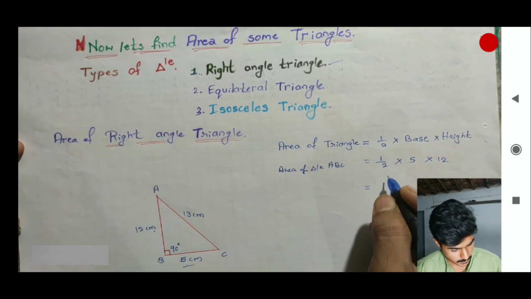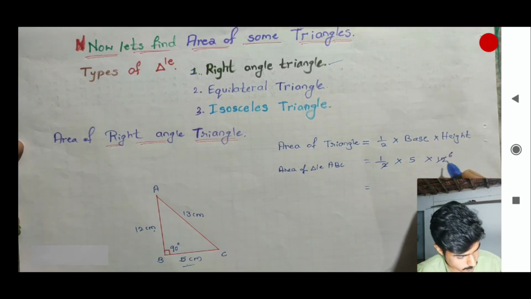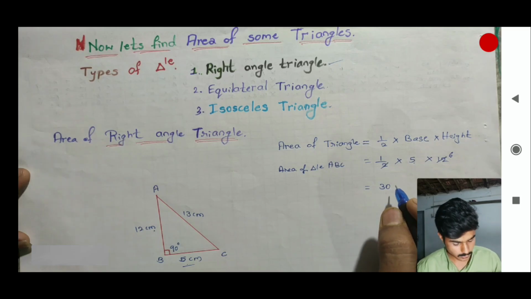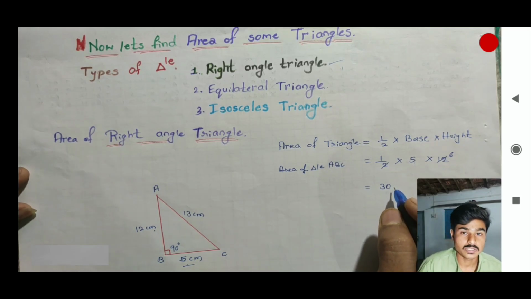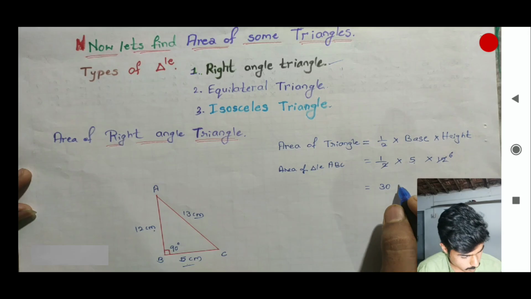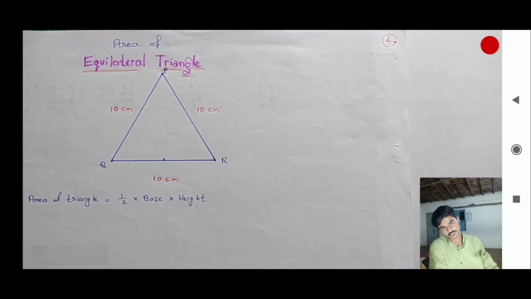Okay, let me cut it out here itself. 2 1s are 2, 6 2s are 12, so 6 into 5 is 30. So again here we need to write the unit of area. Here we taken centimeter, so it is centimeter square. Okay, let us move on to next part.